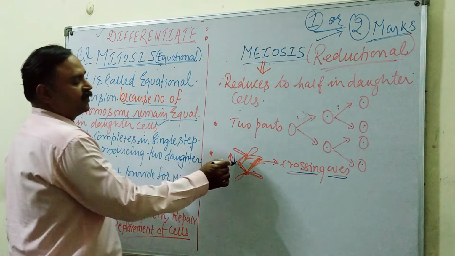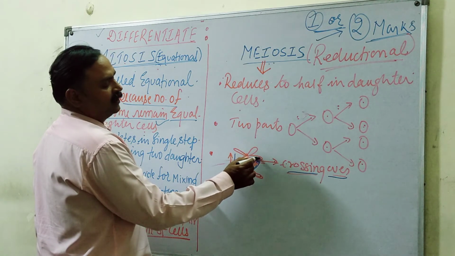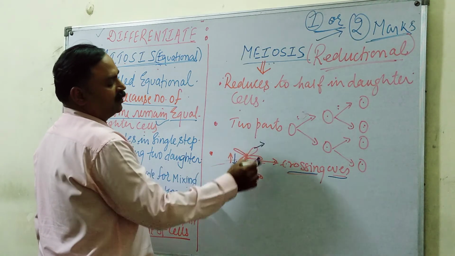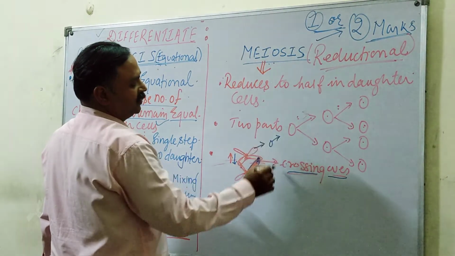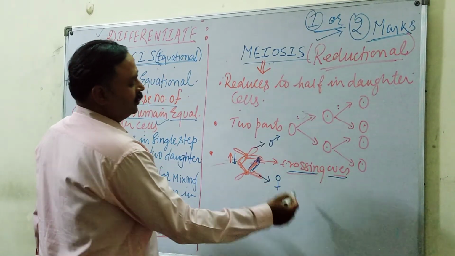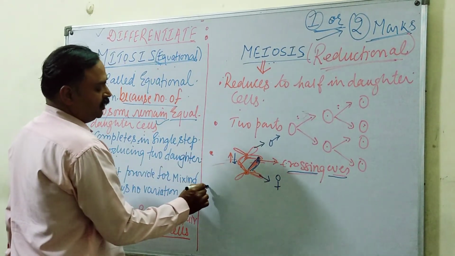And that provides for the variation in the population. Homologous chromosomes are one from each parent, one from father, another from mother.